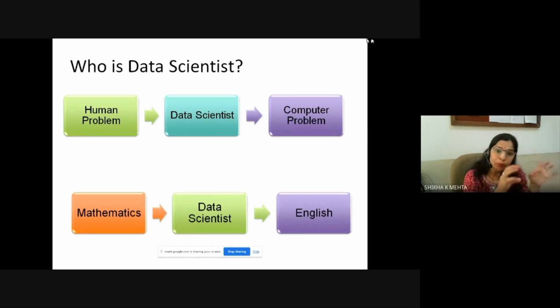Let us say a data scientist may be a person who understands mathematics, and he can explain how these mathematical principles can be applied for solving some real world problem, and he will be able to make others understand these principles in simple English, because people will not understand the language of mathematics. So this is how we try to understand the role of a data scientist, and what kind of task he or she is performing.